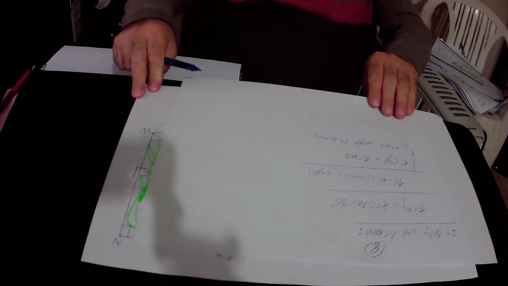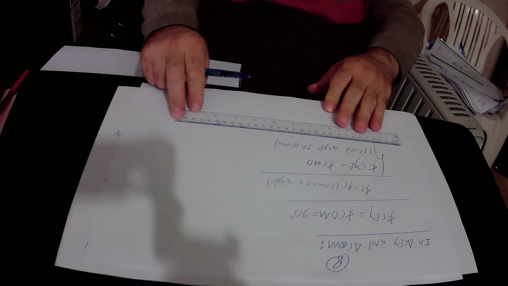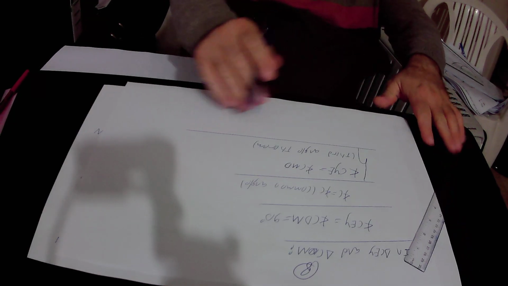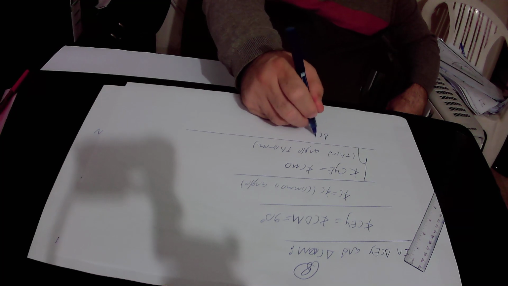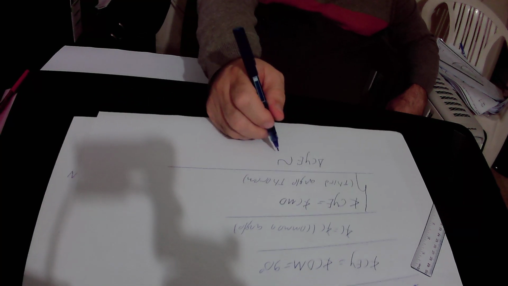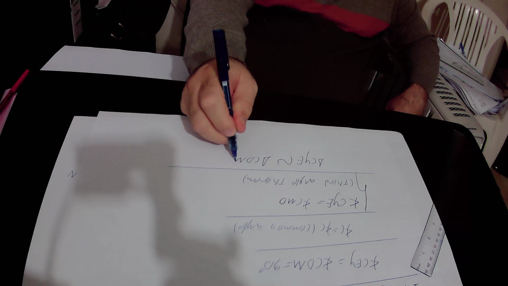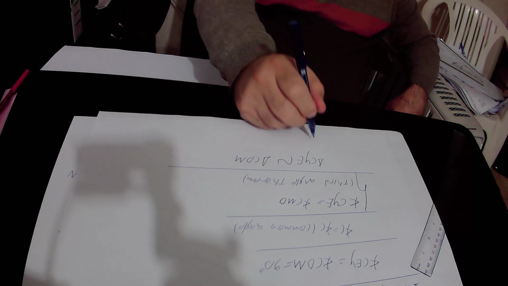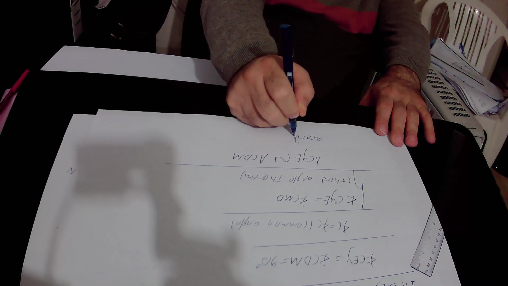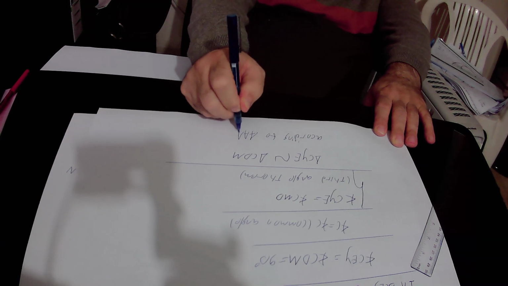We proved that triangle CYE is similar, this is the sign of similar, to triangle CDM according to the angle similarity rule.